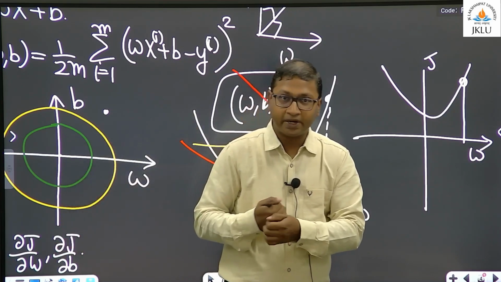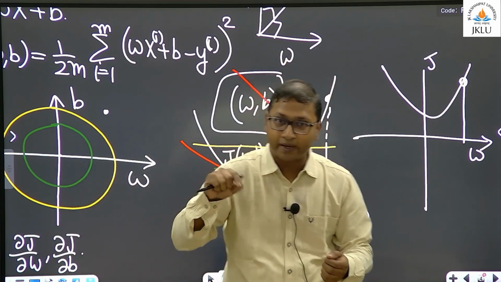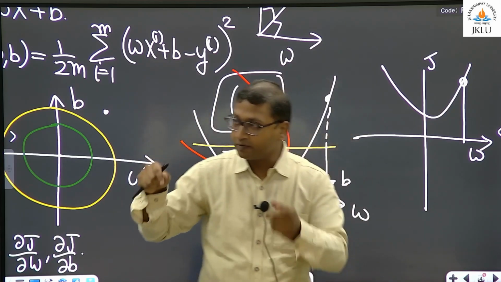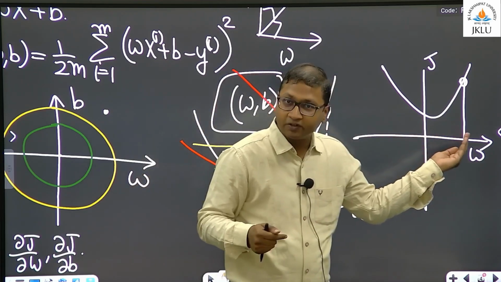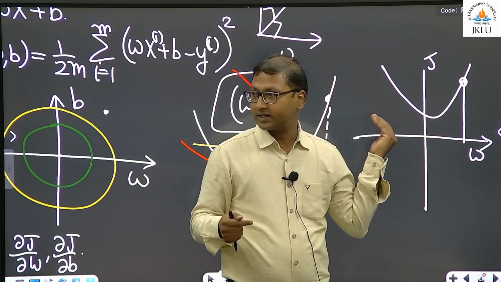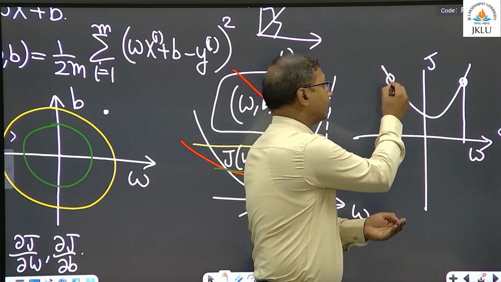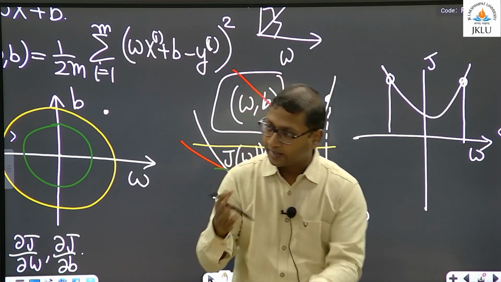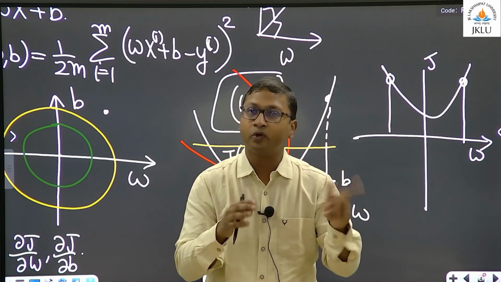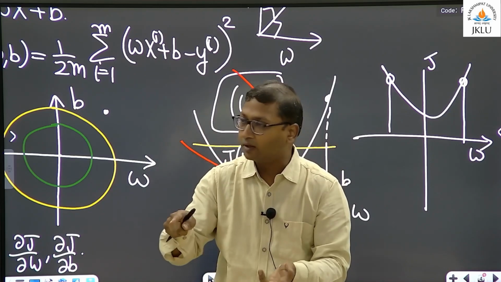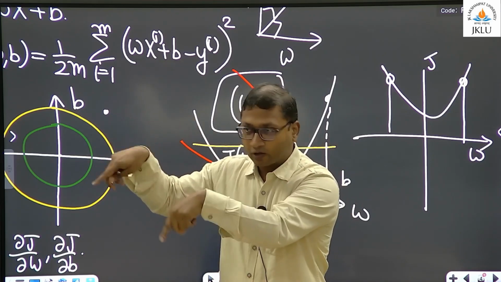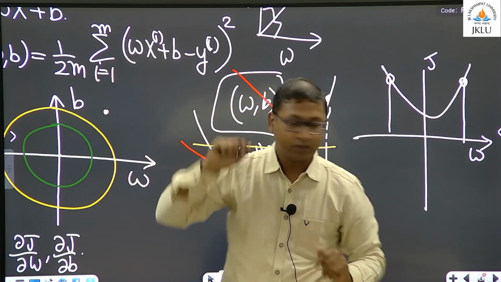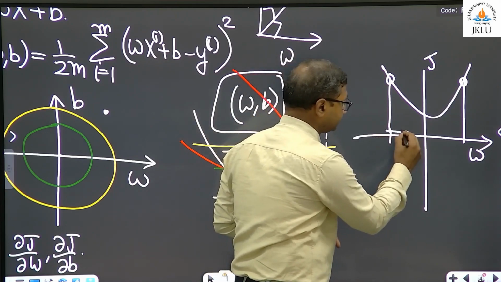So my update will look like W equal to W minus alpha grad J, and this grad J is positive. So I will subtract something from W, that means I will come in this direction. Whereas if I start from here, in that case my dy by dx is negative. So my update will look like W equal to W plus alpha and the positive part of the gradient, because minus and minus will cancel out. So you will move in this direction.